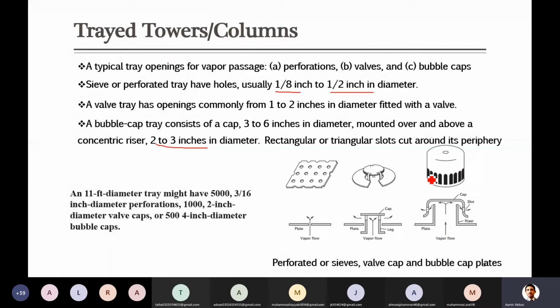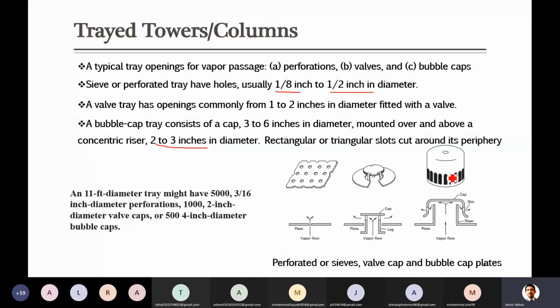And among these two, in the case of valve trays, when vapors are coming and they push this valve, it's movable, it can just raise up. Due to this, all those vapors will face low pressure drop. As compared to this, when you look at this one, there is a high pressure drop.